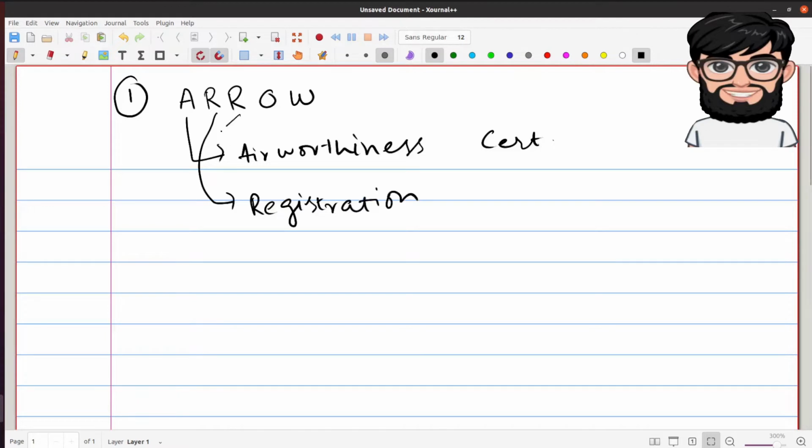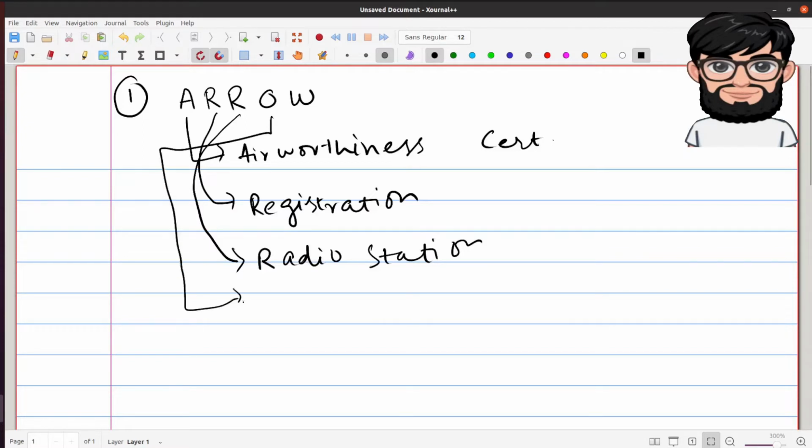An aircraft also needs to have a radio station license. That's the third letter, second R. Then we have operating limitations. These are very important too. And last but not least is the balance sheet. It's called the weight and balance data.